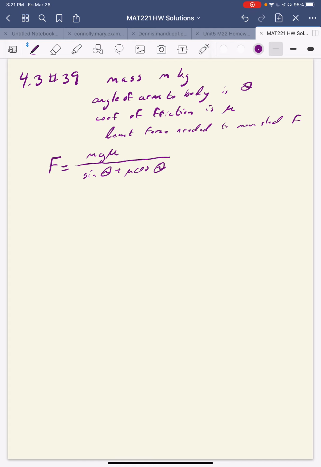Okay, so remember m is the mass, theta is the angle of her arm, and mu is that coefficient of friction.